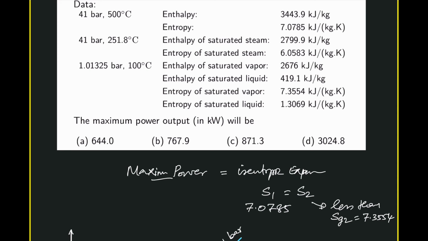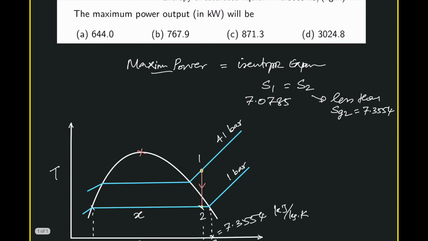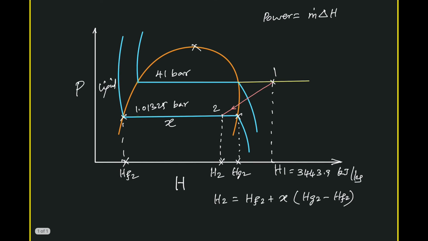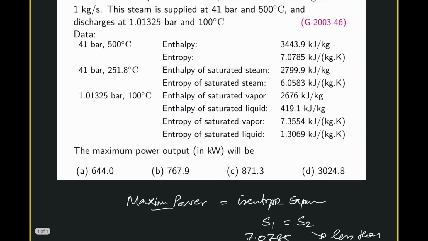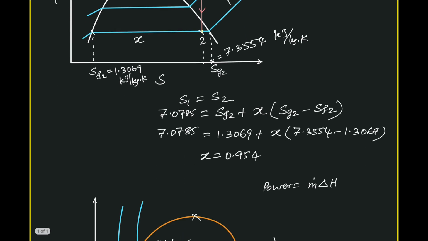Let us write it. Hf2 corresponds to the enthalpy of saturated liquid, which is given as 419.1, and Hg2 is 2676. Let us again check it: 2676 and 419.1. They were written in the diagram.